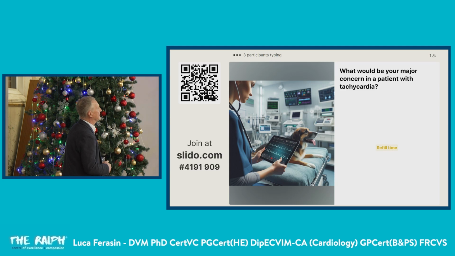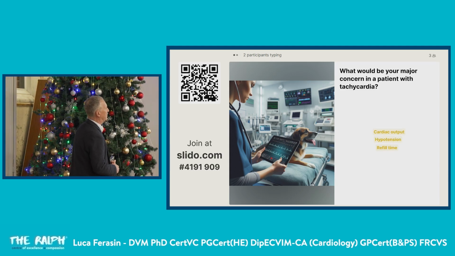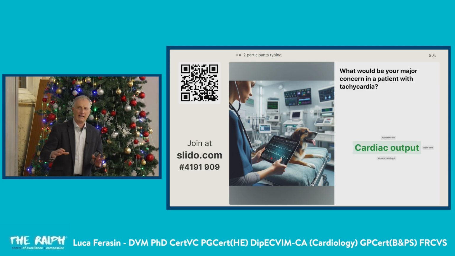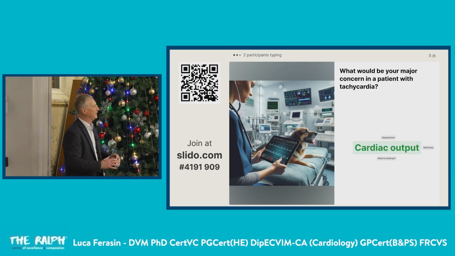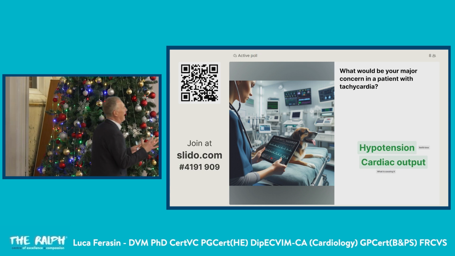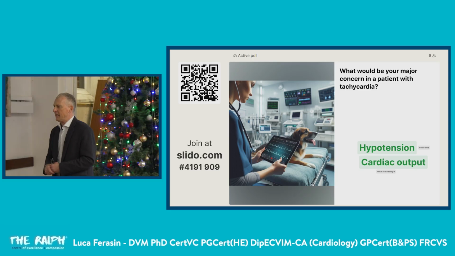As soon as you send it: refill time, cardiac output, hypotension, cardiac output. Cardiac output is bigger because more people answered cardiac output, hypotension. Okay, so I can see that hypotension and cardiac output are the two major concerns. And that's true.